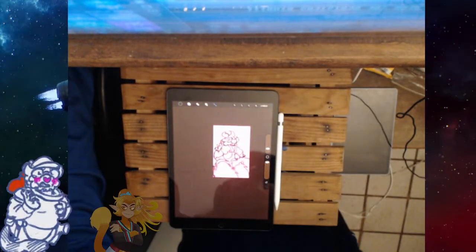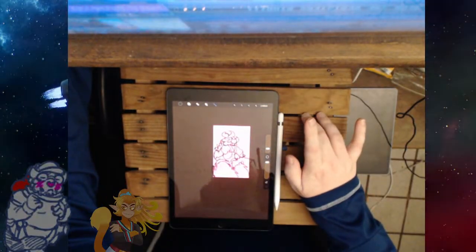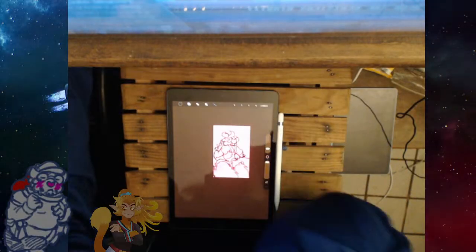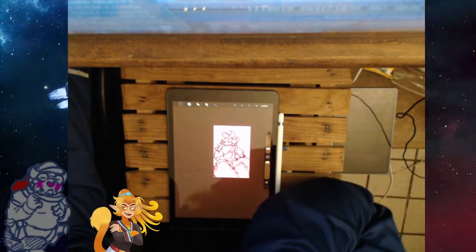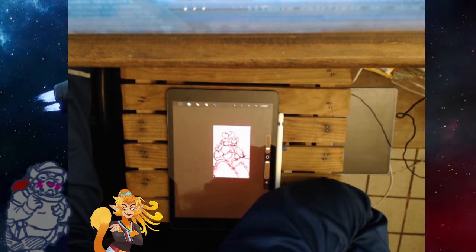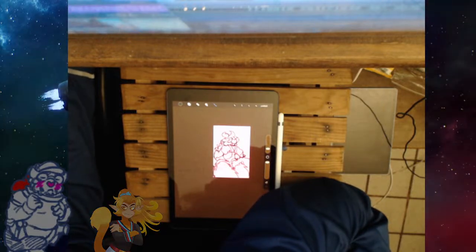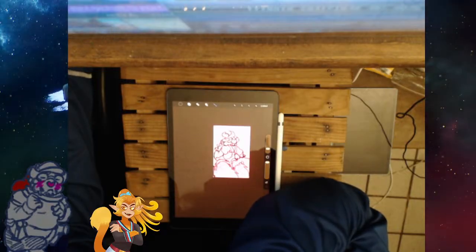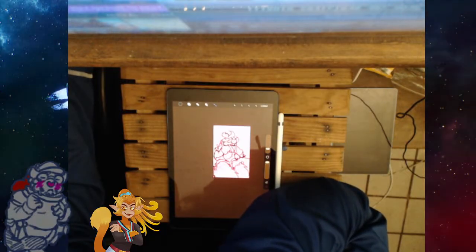Let's just consult the internet. Tappy tap. Ooh, I love the style. It's probably bloody. It's very like a Saturday morning cartoon from like early 2000s.